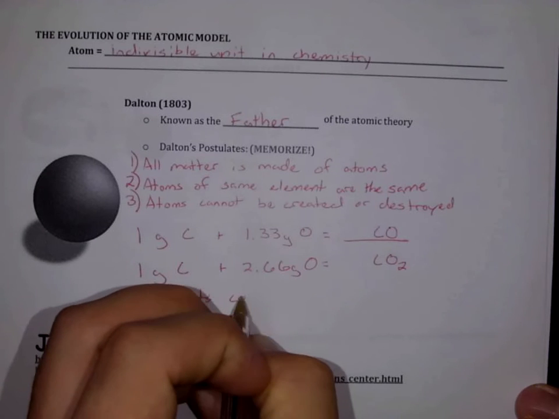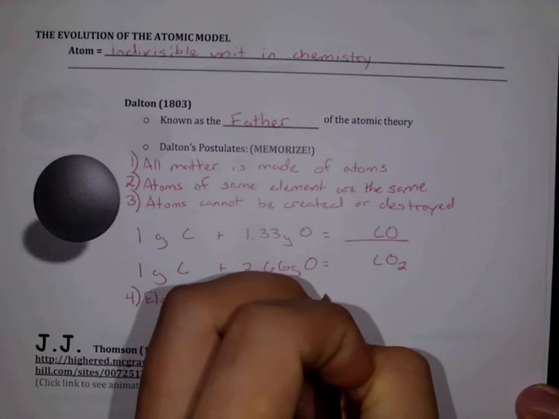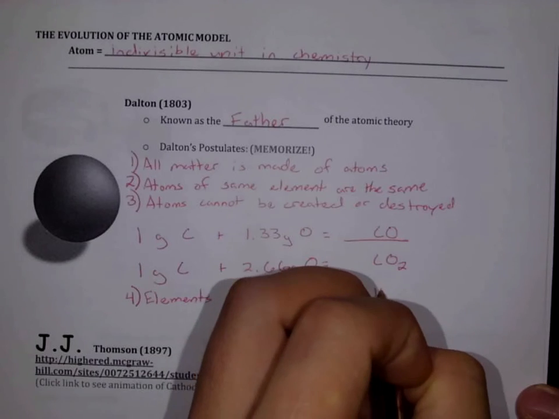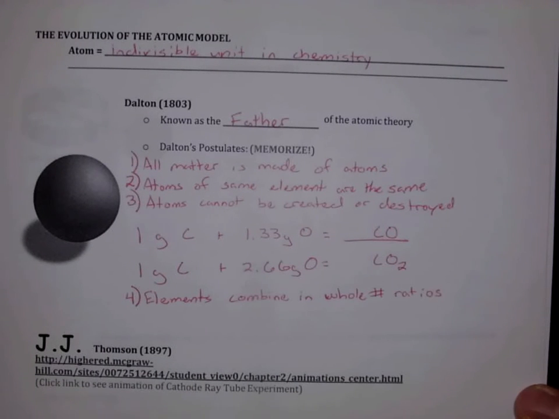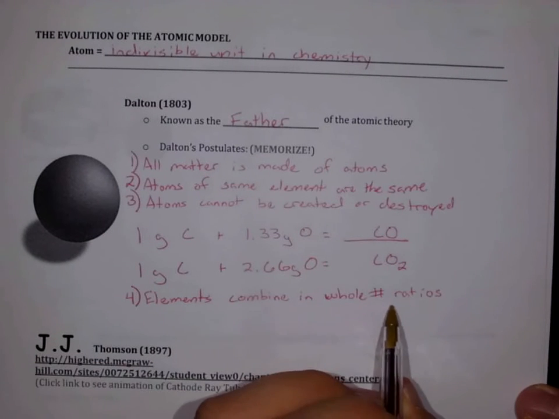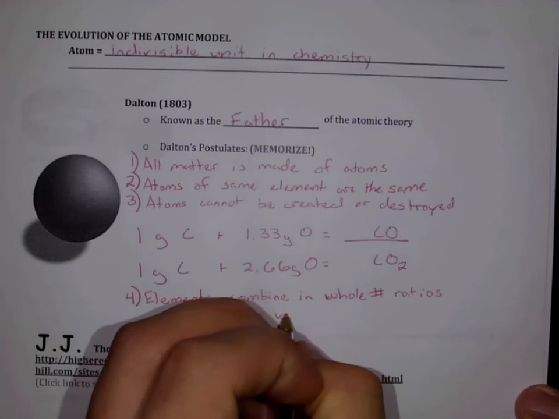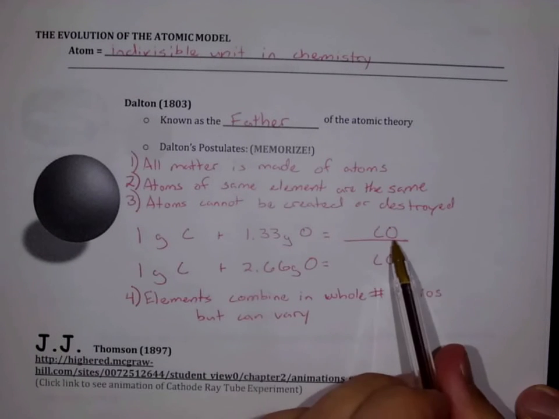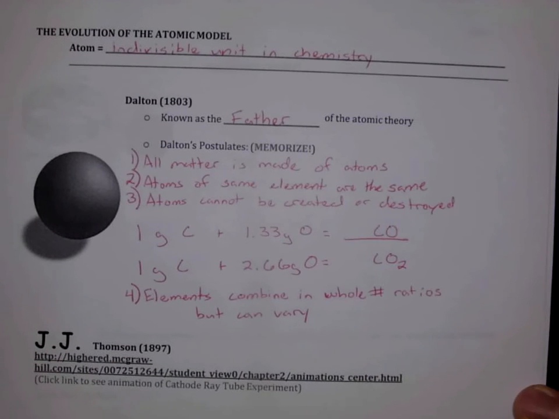So elements combine in whole number ratios. Okay? But, of course, they can have more than one variation, right? They combine in whole number ratios, but they can vary. So we have CO and we have CO2, okay? And he also said then that atoms, it's the smallest unit.